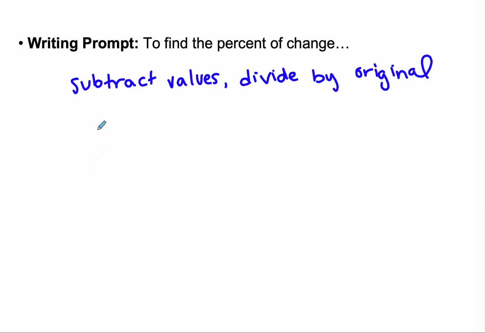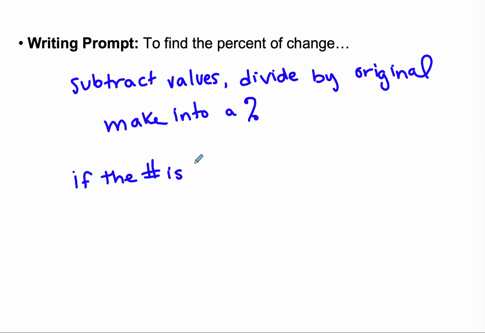Okay, and then make a percent. If the number is bigger, it is an increase.